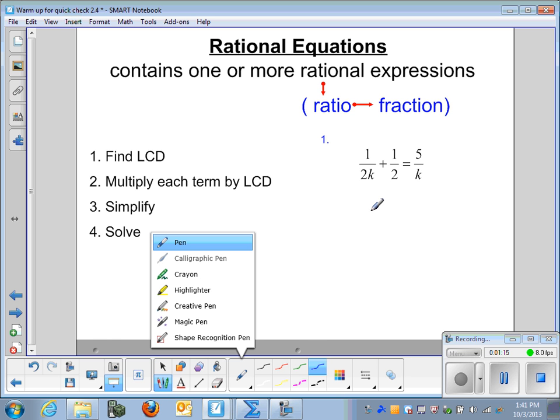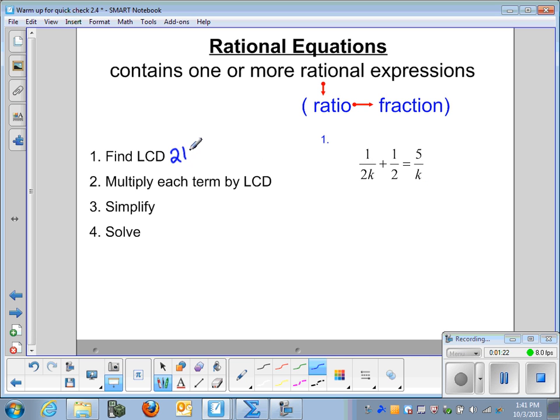The least common denominator for 2k, 2, and k would be 2k. So now I'm going to multiply each term by 2k. 2k times 1 is 2k. 2k times 1 again is 2k.